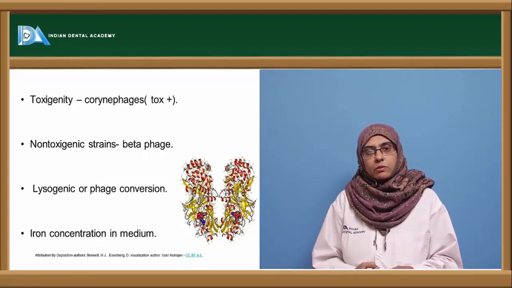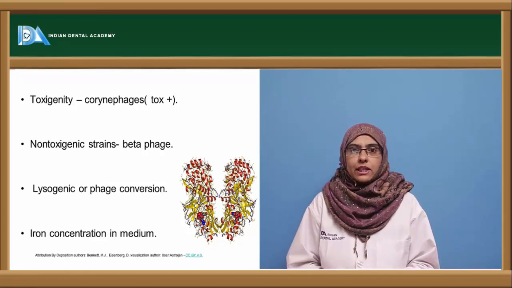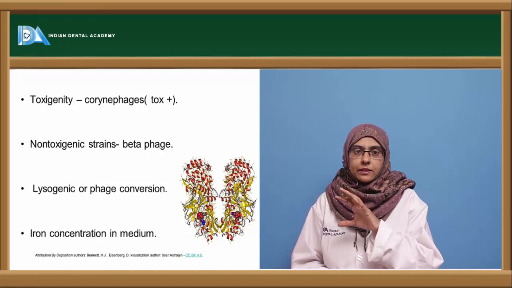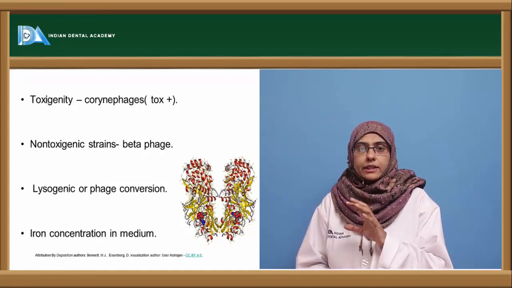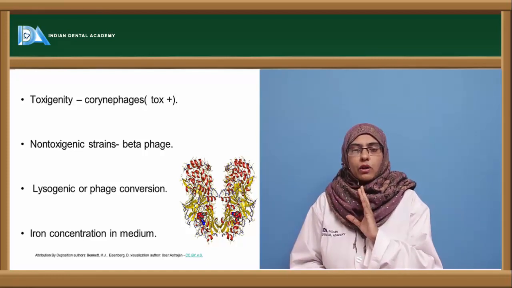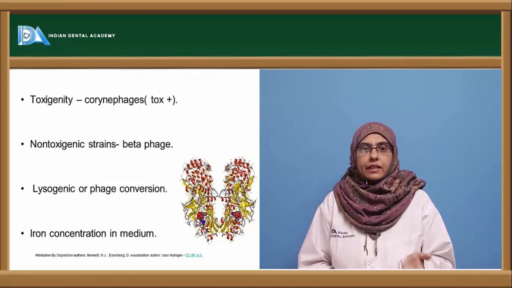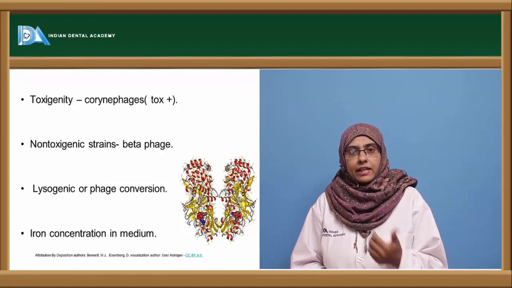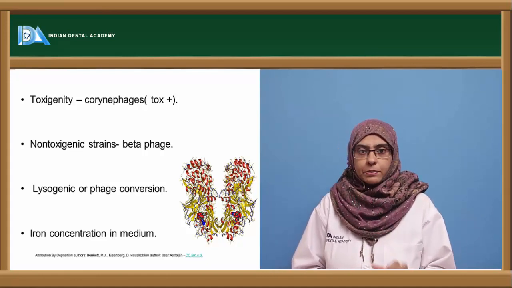Similarly, most of the bacteria can be lysogenized, and it is in the diphtheria bacteria that the virus nucleic acid, which belongs to the Corynephage, gets integrated, and it is called a lysogenized bacteria. And this viral DNA usually contains the TOX plus gene.